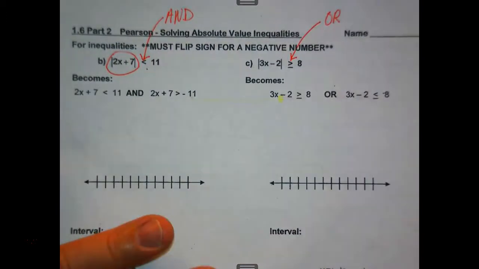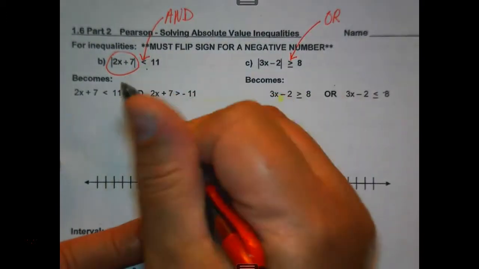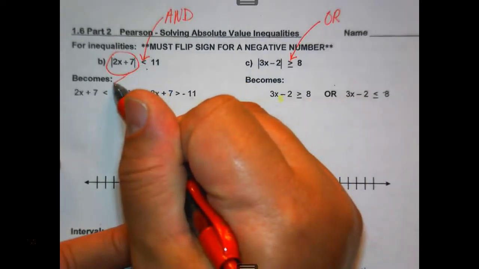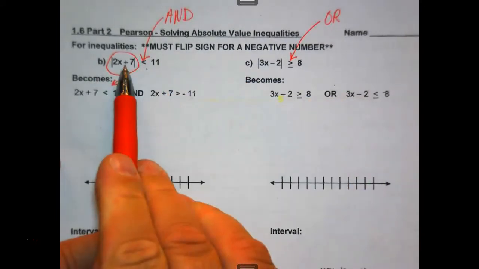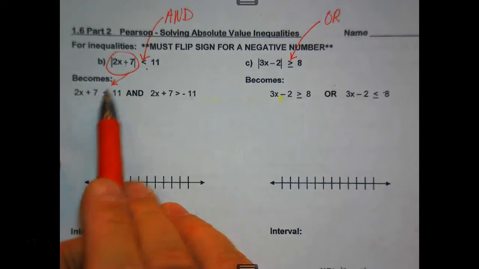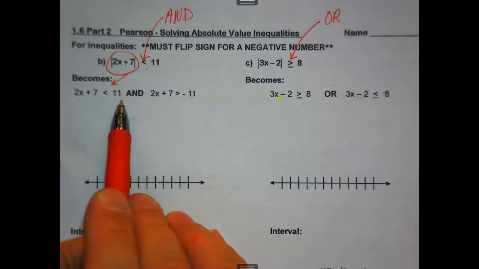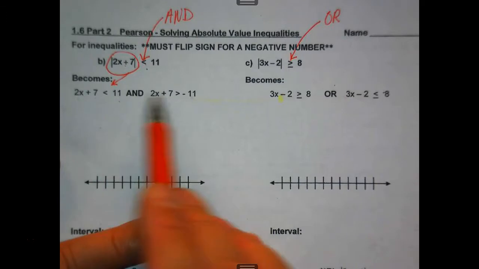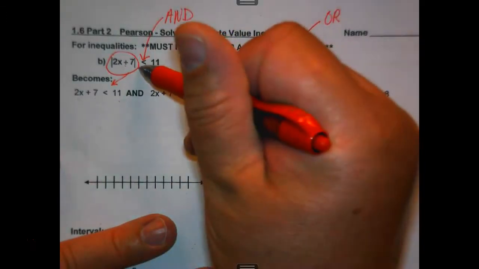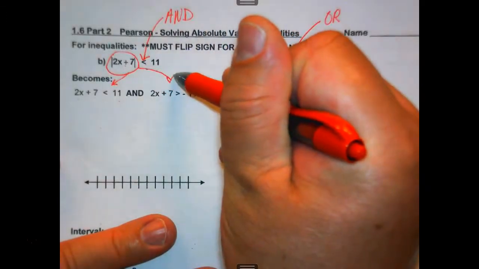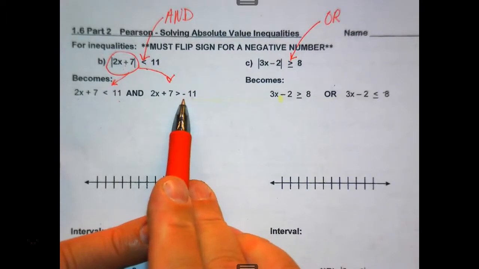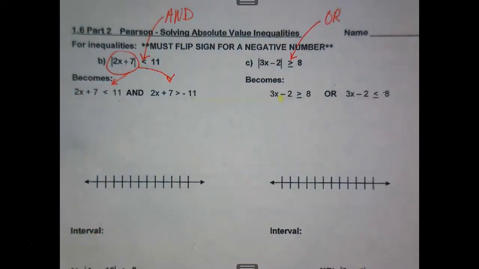And yes, when you go to split this up, we take what's inside, 2x plus 7 is less than 11. We leave everything the same. But then when we split it up the other way and make it negative 11, remember the sign of the number? We're actually multiplying it by negative 1, so in absolute value inequalities the sign has to flip.